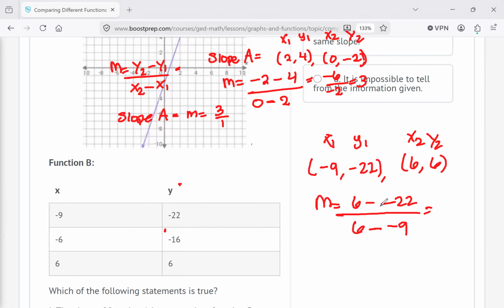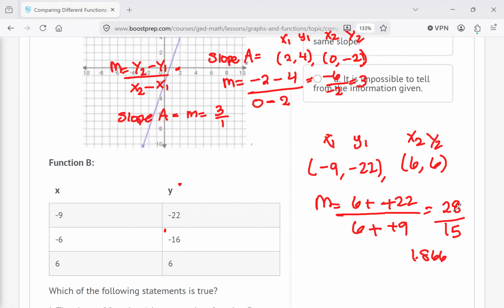So over here, two negatives become a positive, so 6 plus 22 is 28. And on the bottom, two negatives become a positive, so 6 plus 9 is 15. You could put it as a decimal: 28 over 15 comes out as 1.86.